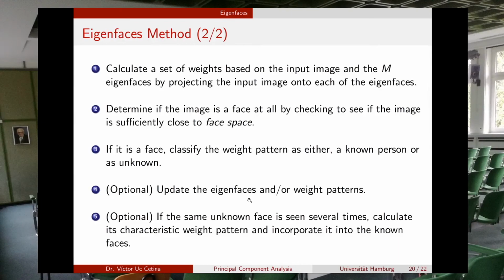Another optional step is, if you see an unknown face several times, you can also incorporate it into your dataset. Maybe you want to include this person as a known person, or maybe the person is not allowed into your system, for example for security applications.